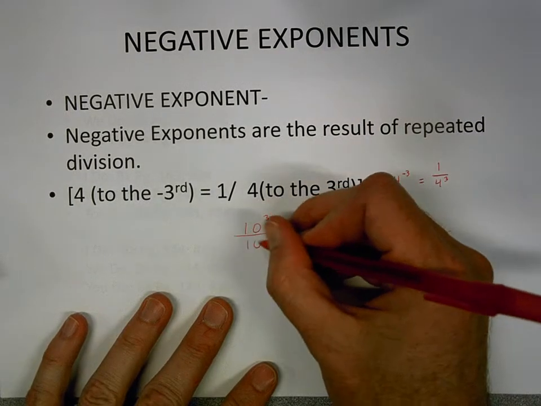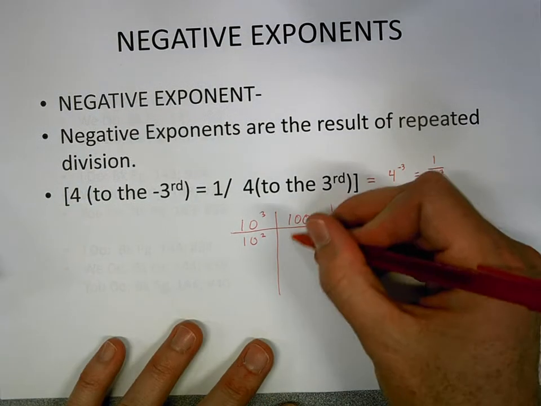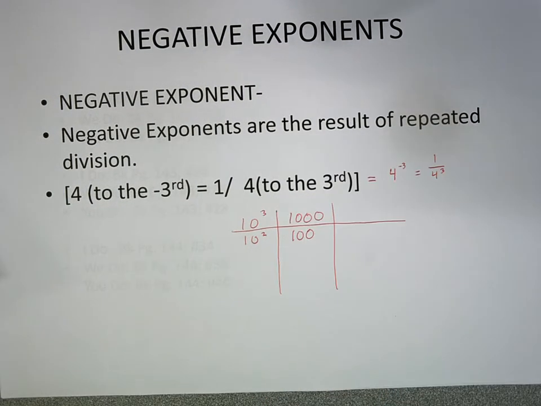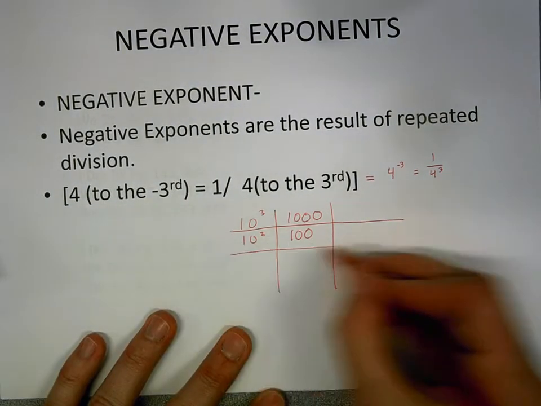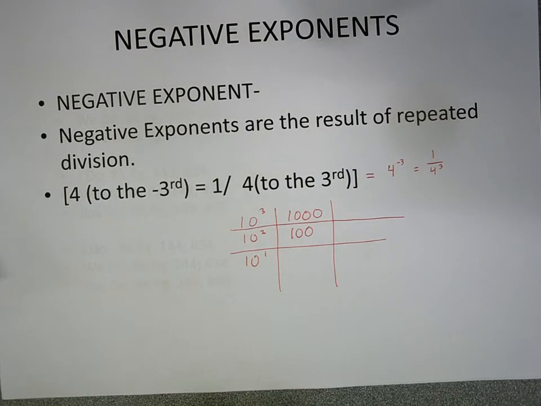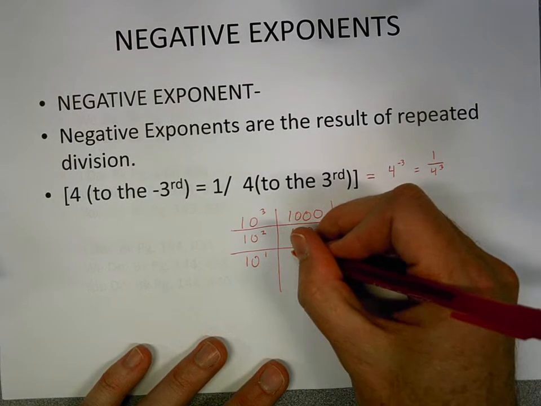Now, 10 to the second power is 10 times 10, which gives us 100. 10 to the first power, of course, is just 10.